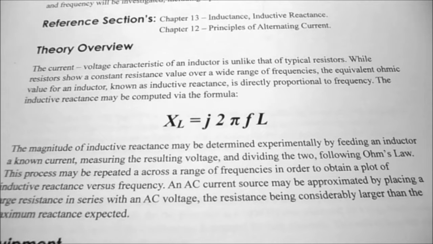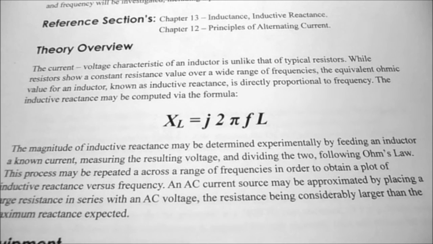So the inductive reactance may be computed via the formula XL equals plus J 2 pi FL, and F is the frequency. As you change the frequency, you're going to change the value of XL.